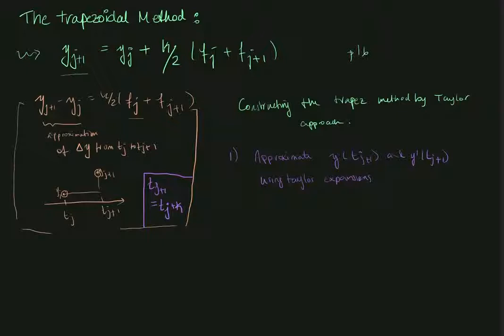So the first one, I want to approximate y of t_j plus k by doing a Taylor expansion around the point t_j.